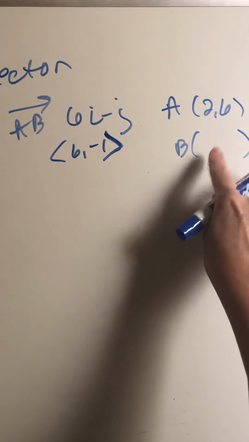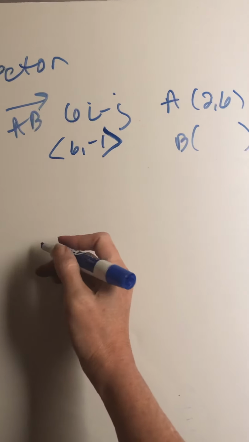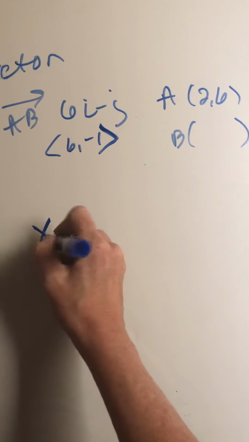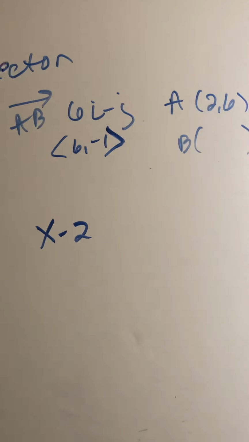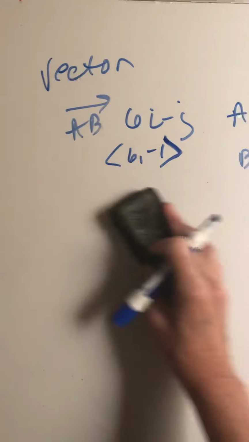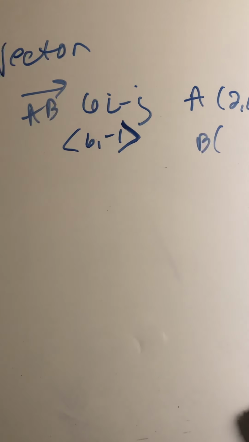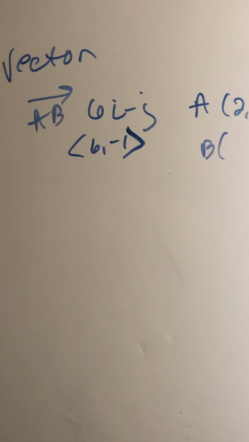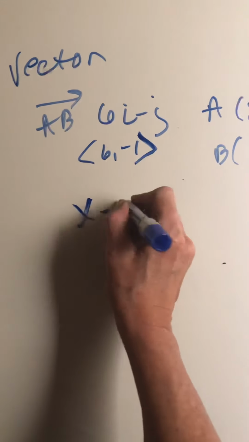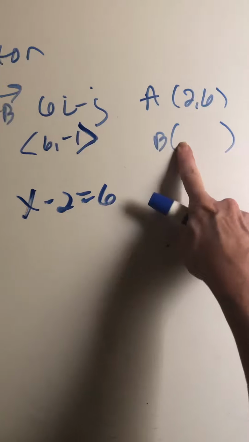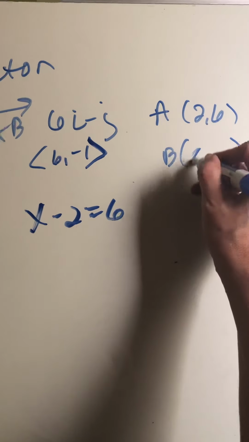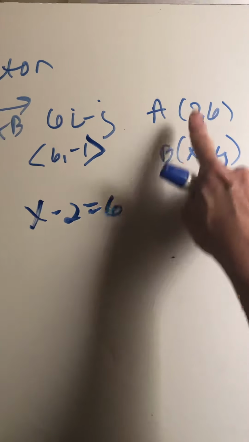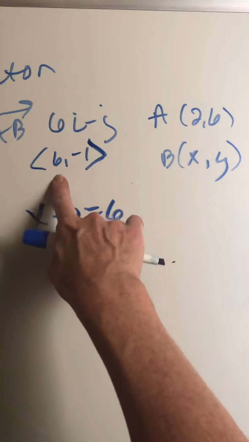So if I want the x for B, that means it was x minus 2 equals 6. It was x minus 2, because this is the x and the y for B. It was x minus 2 equals that 6.